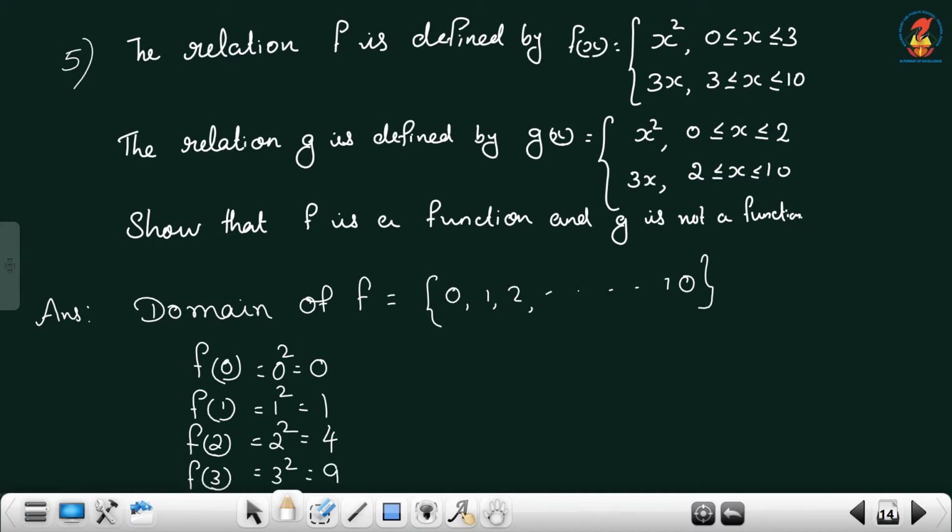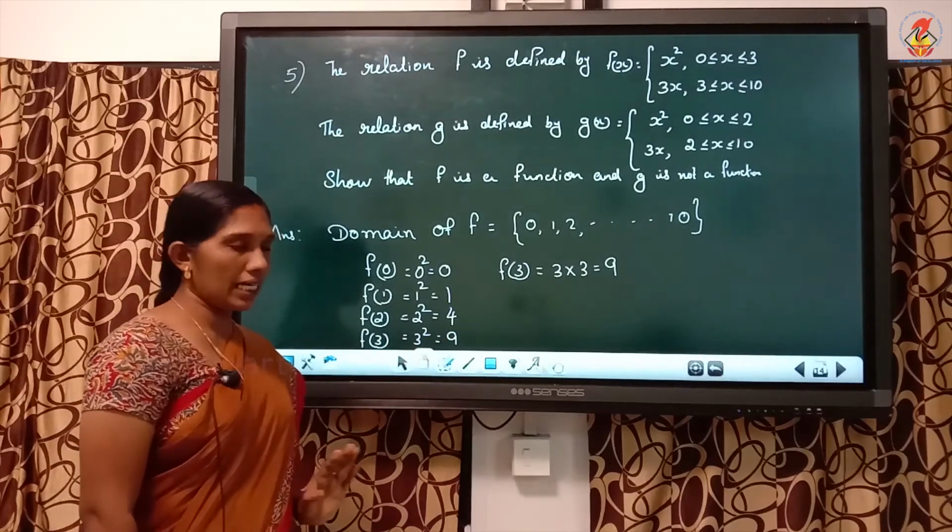Now 3 to 10 it is defined as 3x. So there also, here 3, here also 3. So both 3 we can give. F of 3 is 3 into 3 from the second relation. 3 into 3 is again 9. So image of 3 is 9.